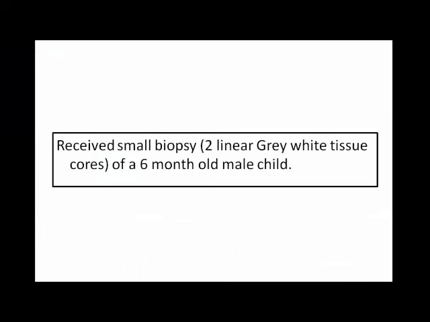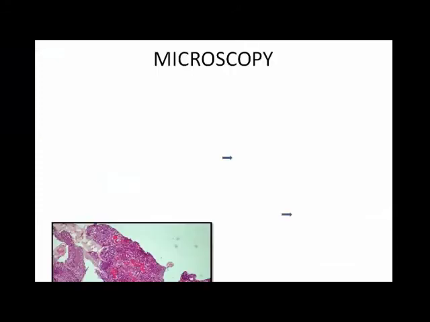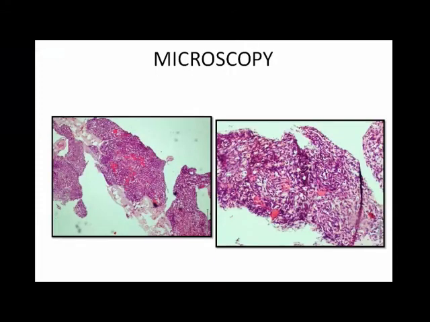So we received 2 linear gray soft tissue cores from this child, and in the microscopy we saw neoplastic cells, which were generally spindle to oval cells that we see here. They were generally arranged in a fascicular form, a vague nodular form that we can appreciate from here, and also in vague lobules.